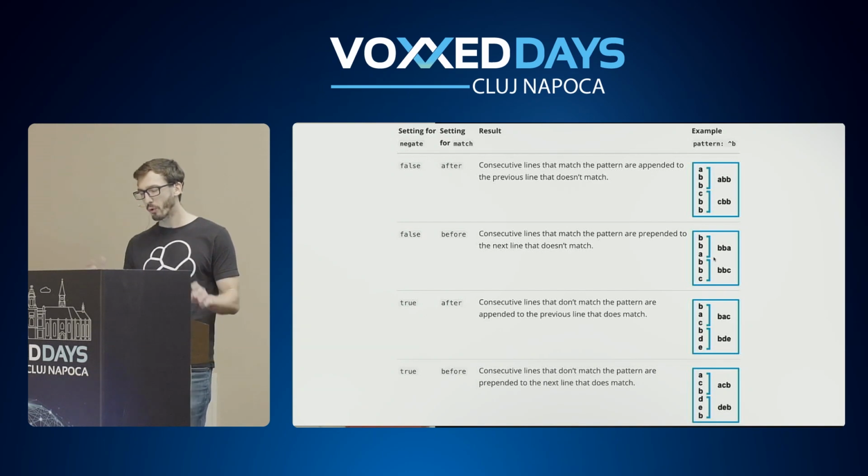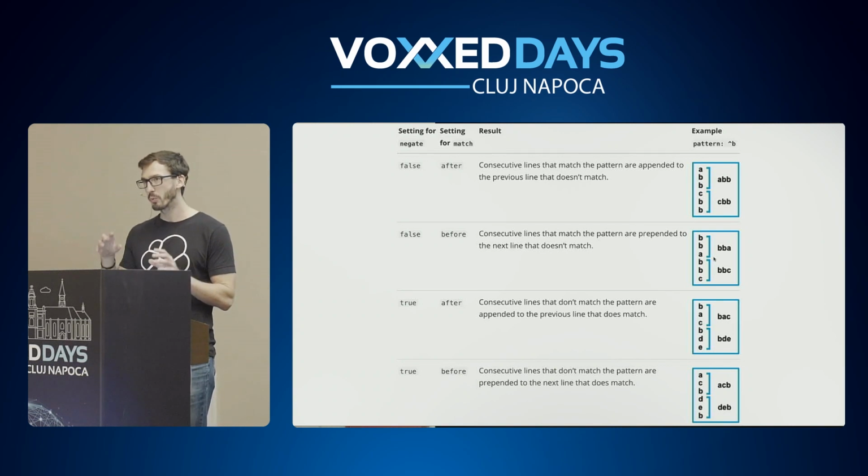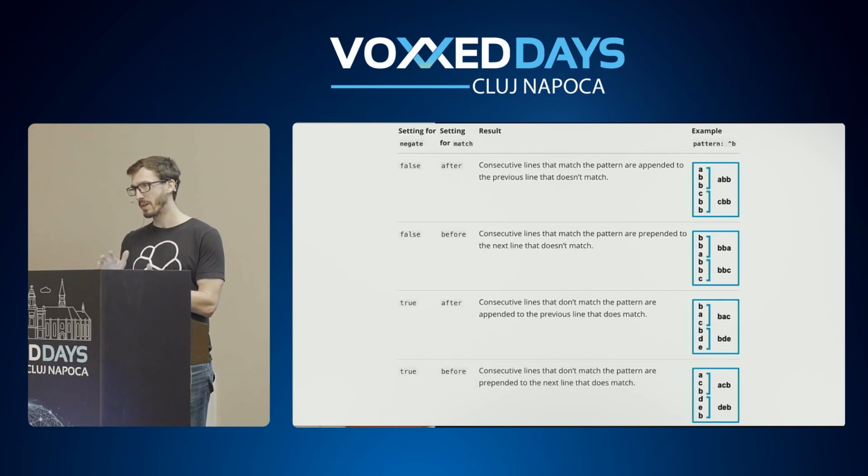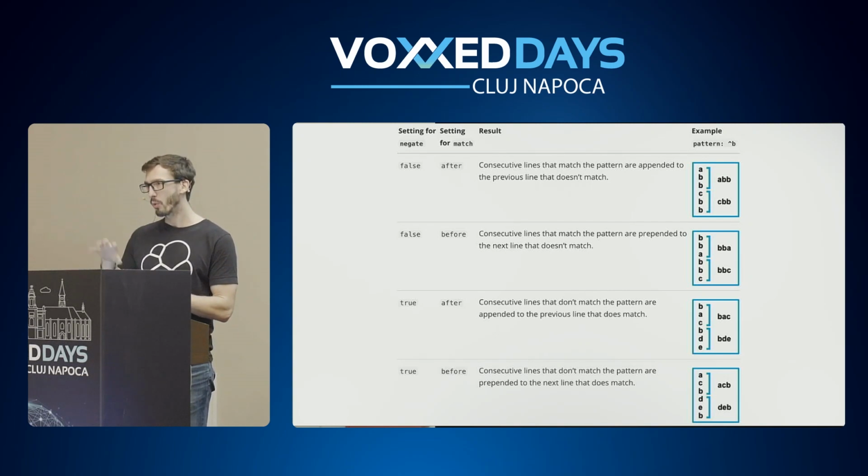And these are all the four combinations you could have to make sure that one stack trace is combined with its log message. Depending on if you have the stack trace before or after, or whatever your pattern is, you could put everything into one log event.